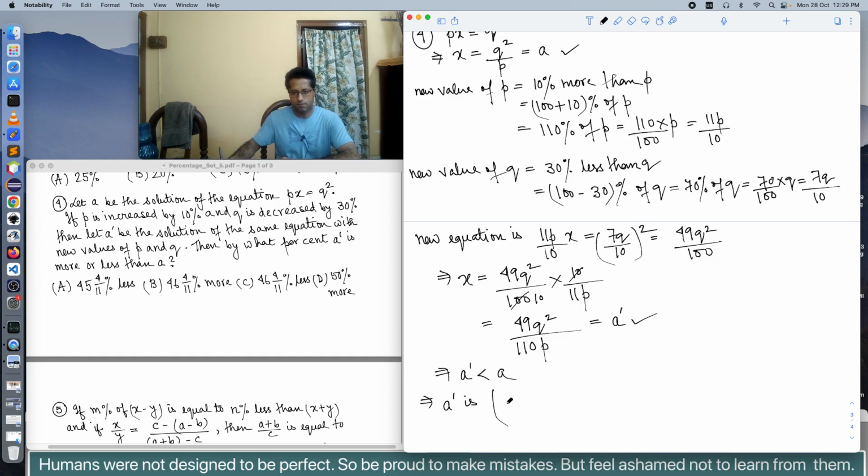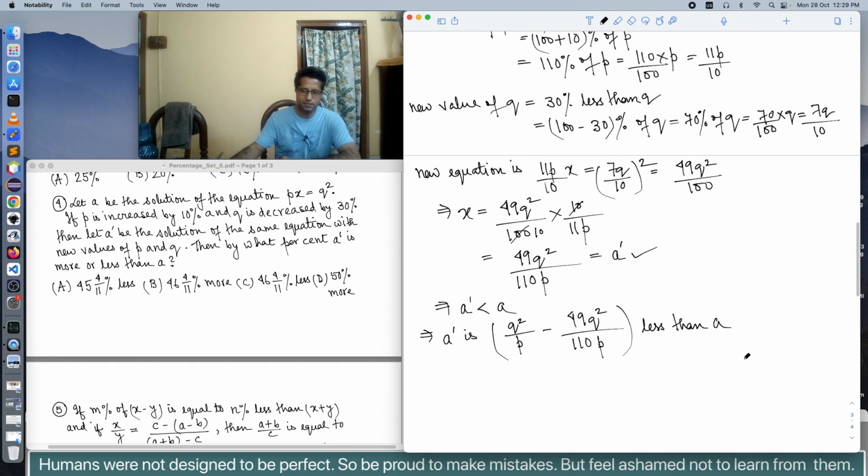A dash is q square by p minus 49 q square by 110 p, this much less than A.